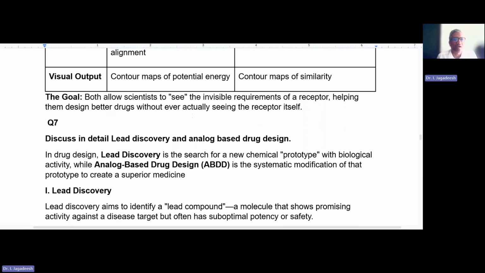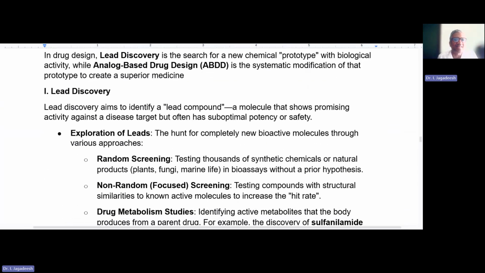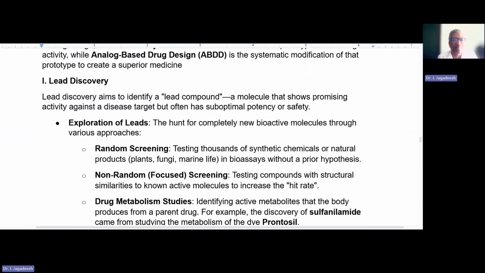Another question is: discuss in detail lead discovery and then analog-based design. In lead discovery, we search for a new chemical prototype, while the analog is a systematic modification of that lead prototype to create a superior medicine. The first is identification of the lead, the second is improvement and modification of the lead. This is present in drug discovery as one part.